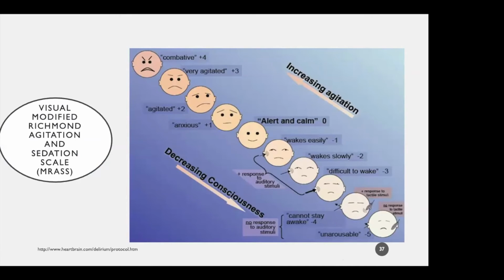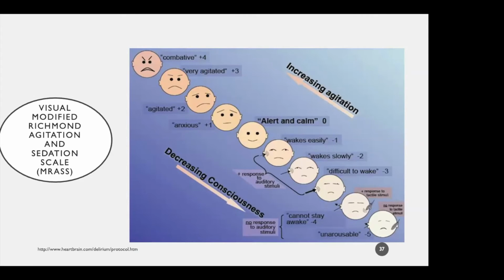Next slide. I have also included this screening tool. It is called the Visual Modified Richmond Agitation and Sedation Scale, short form, it's called MRASS. And it is actually developed by the VA. I like it because it also gives you a pictorial depiction of how alert your person is.